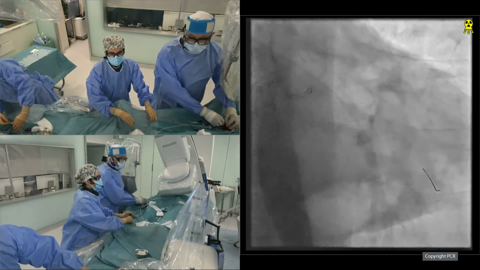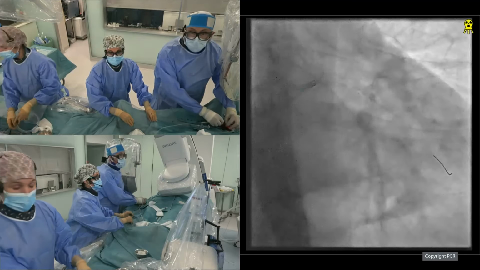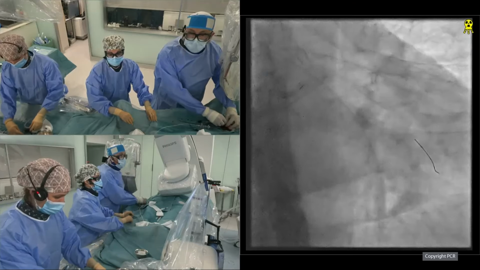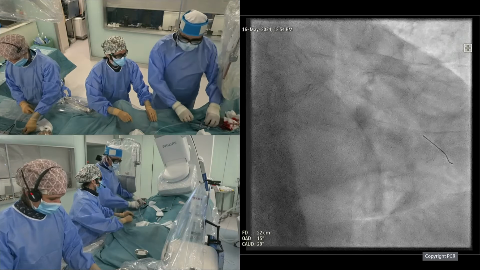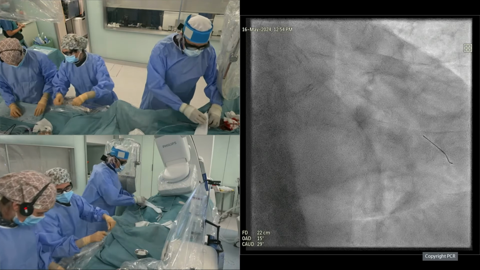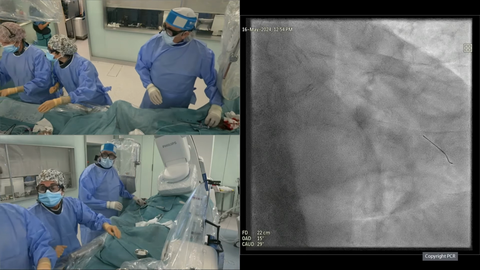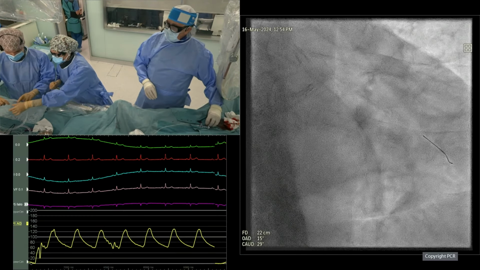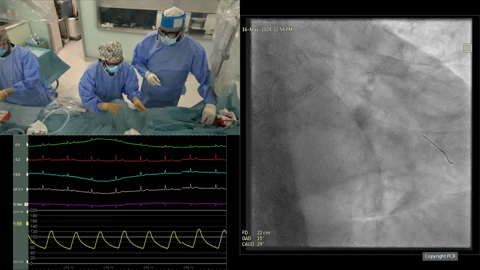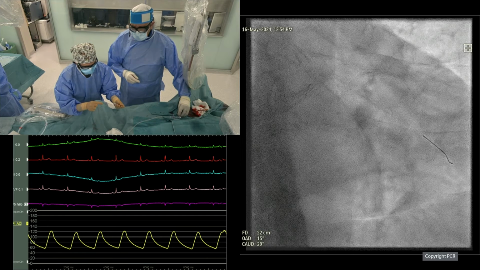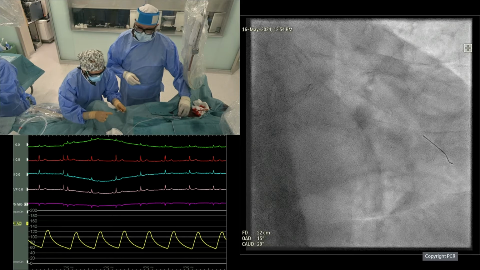So really nice demonstration. I noticed in this case that we have two important branches in between there: the LAD and the big marginal branch. The OCT pullback was very illustrative of the bunch of calcium, this calcified nodule that was almost protruding into this marginal branch. How is orbital atherectomy in terms of risk of jeopardizing the side branches?